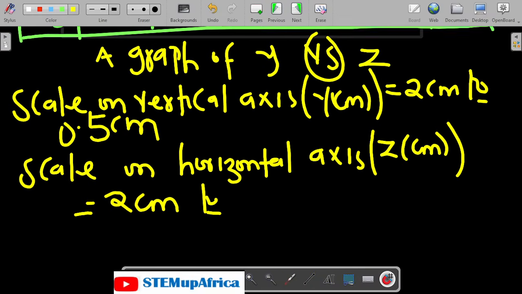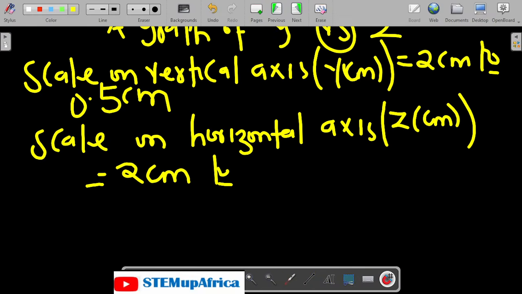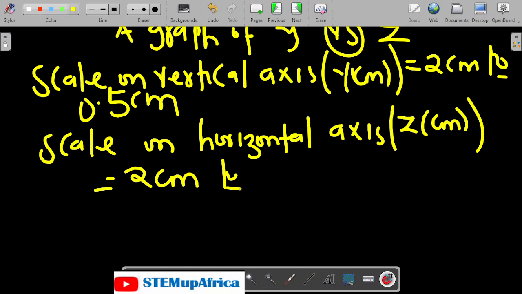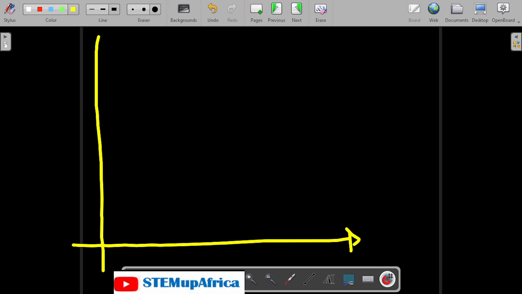So I can use 2 cm to 1 unit for the Z. So you go to your graph after this and use your ruler, draw a very decent vertical line and a horizontal line. I will put my Y and the unit is cm. I will put my Z and the unit is cm.